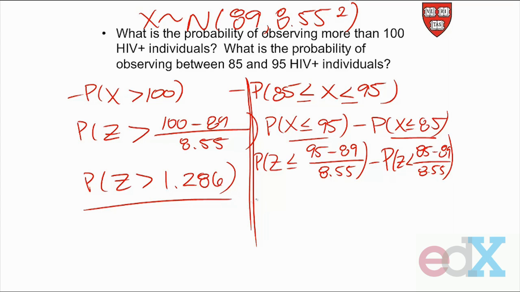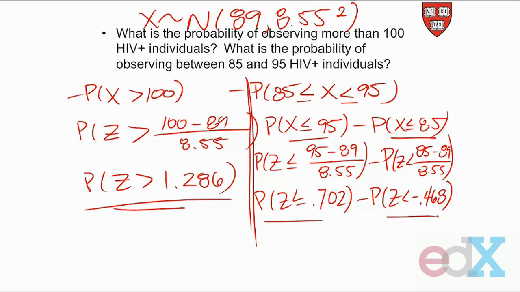Plugging those numbers into a calculator, we can calculate the probability z is less than or equal to 0.702 minus the probability that z is less than negative 0.468. These numbers we can get from Stata in order to do our probability calculations. So open up Stata on your computer now.